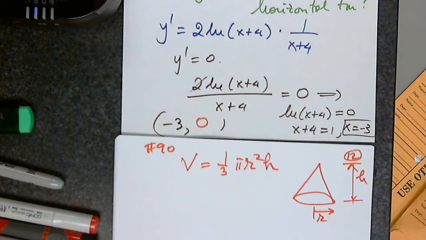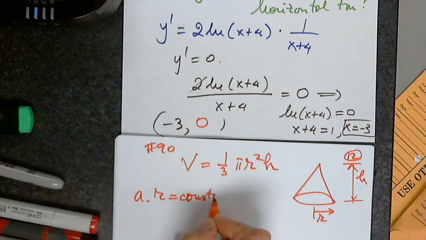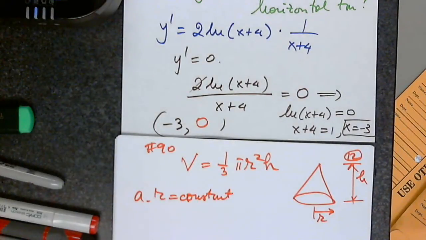Good. We are asked, find the rate of change of the volume with respect to the height if the radius is a constant. That's part A. R is a constant. So find the rate of change of the volume with respect to the height if the radius is constant.